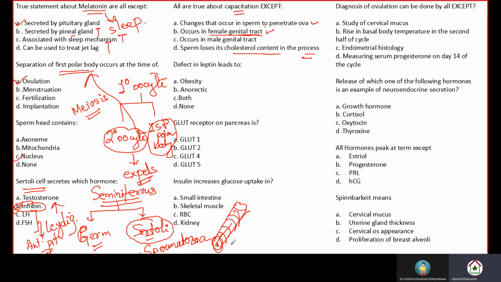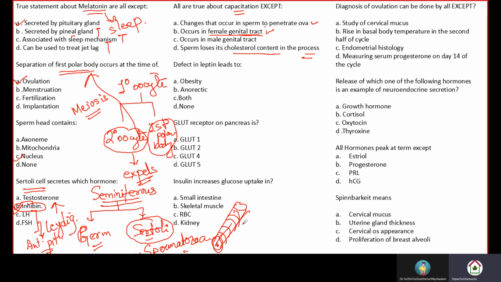Because in seminiferous tubules, what happens? Spermatozoa are exposed to vesicles. The mature spermatozoa, after coming from the Sertoli cell, are present in the lumen of the seminiferous tubule.